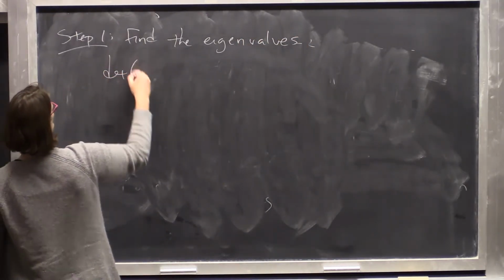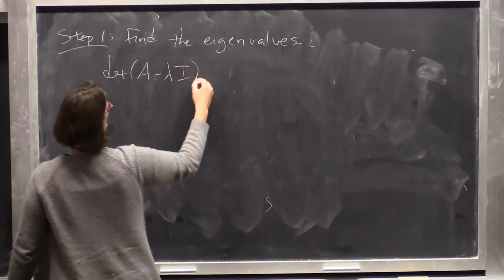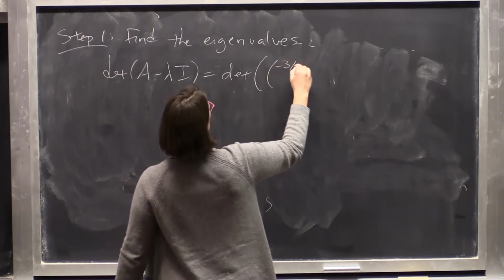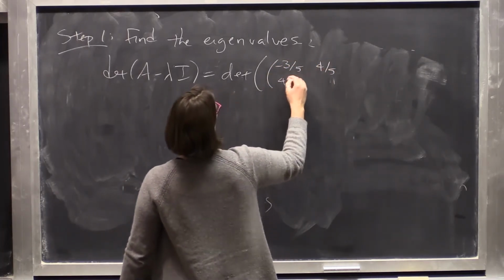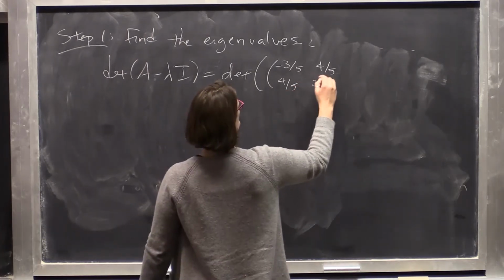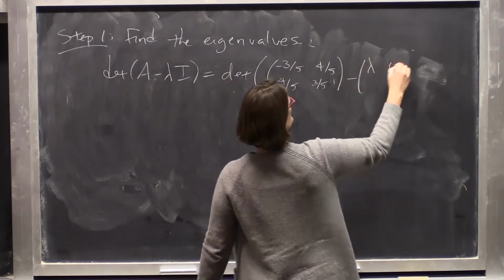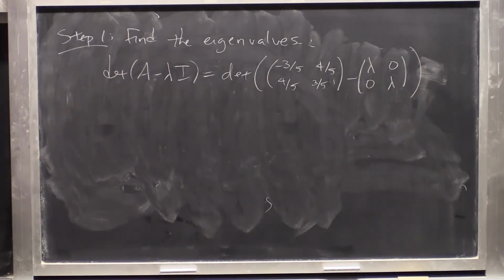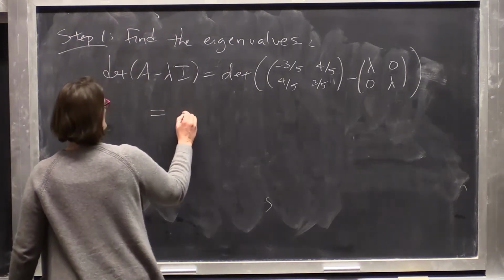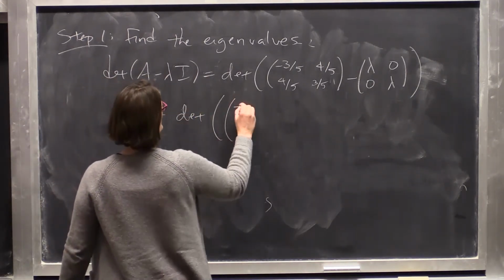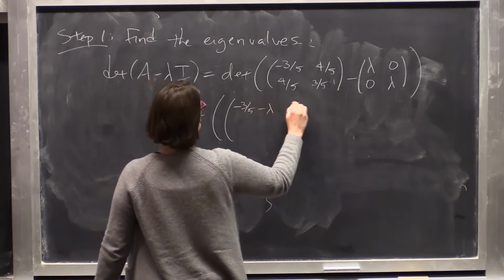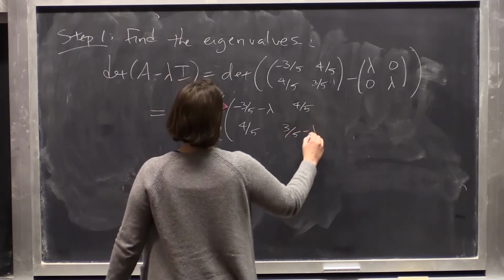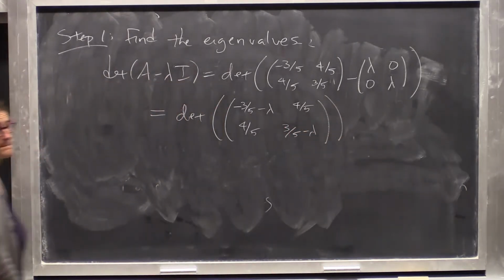So we want to compute the determinant of A minus lambda times the identity. That's the determinant of the matrix with entries -3/5, 4/5, 4/5, 3/5, minus lambda times 0, 0, lambda. That is the determinant of -3/5 minus lambda, 4/5, 4/5, 3/5 minus lambda.